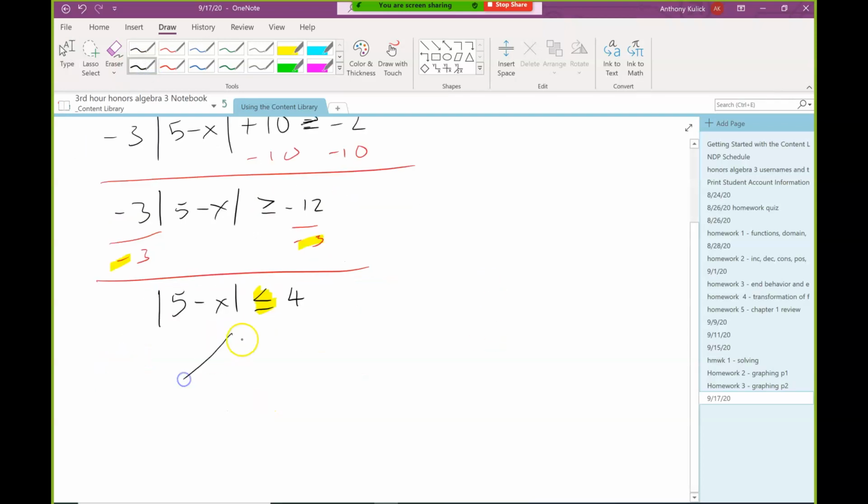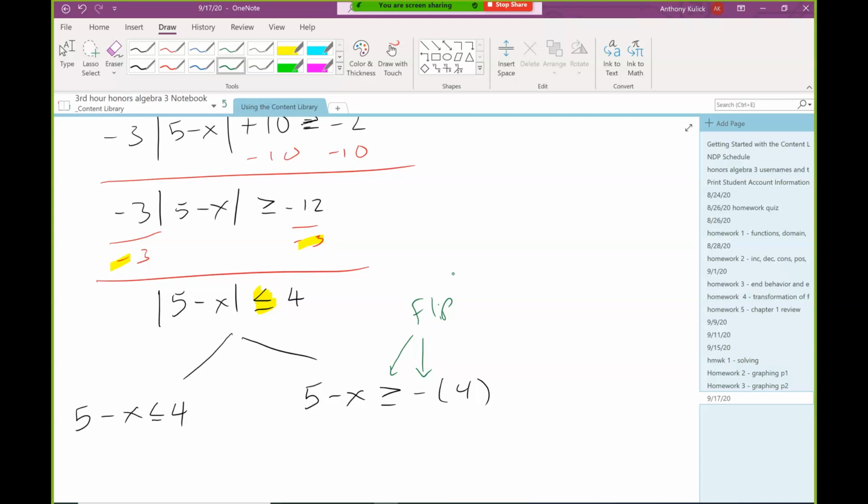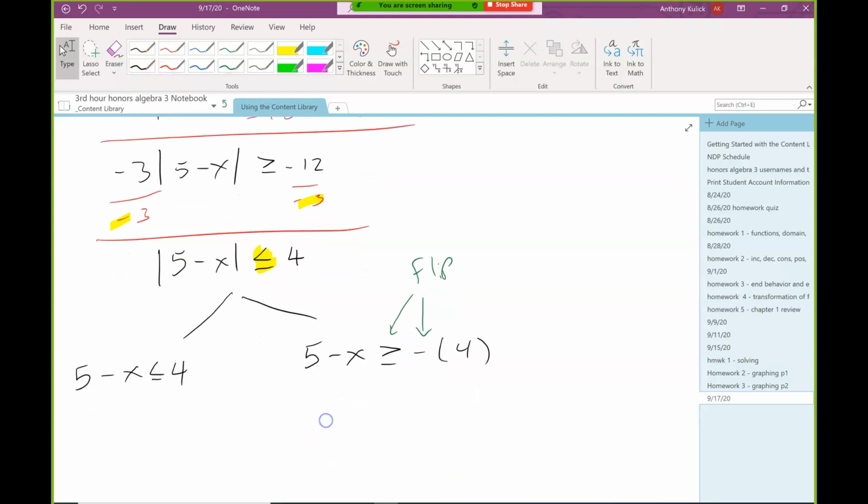Okay, then we would split this into 2 pieces. So 5 minus x less than or equal to 4, and then 5 minus x greater than or equal to -4. When we do the negation, when we split our absolute value, that causes an inequality to flip also. Then we'd subtract 5 from both sides.